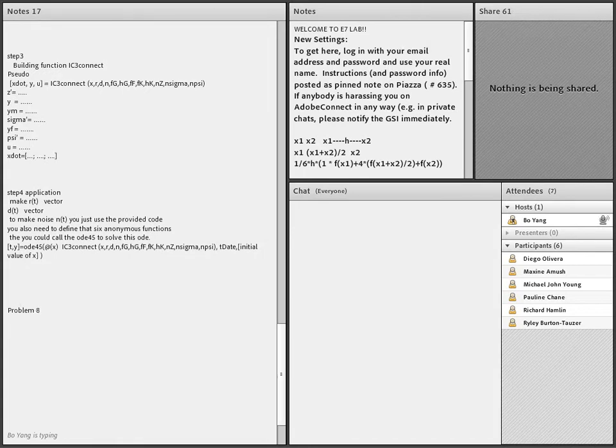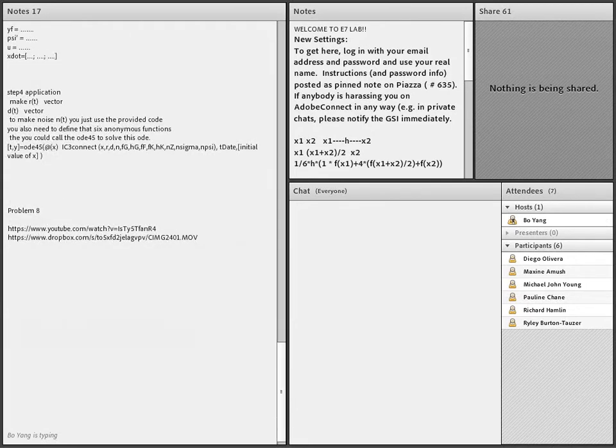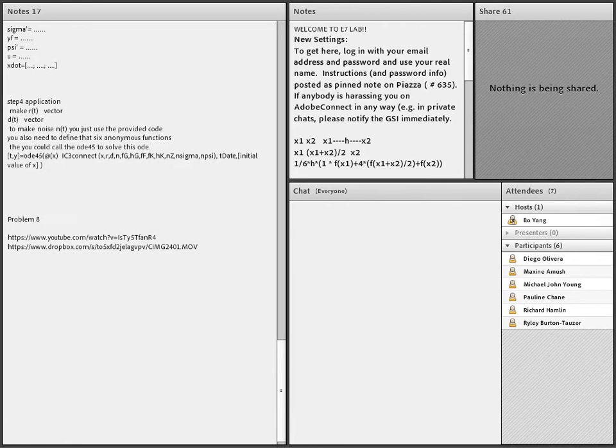And also we have problem 8. As I mentioned, this problem is not required, but it is very interesting, and you can find the two websites here talking about this sport.